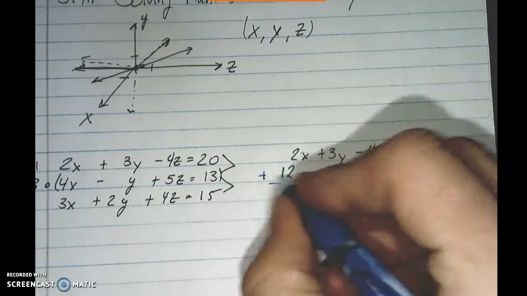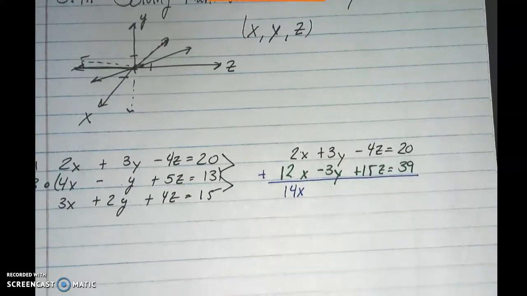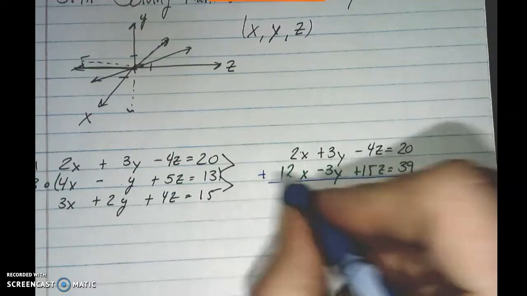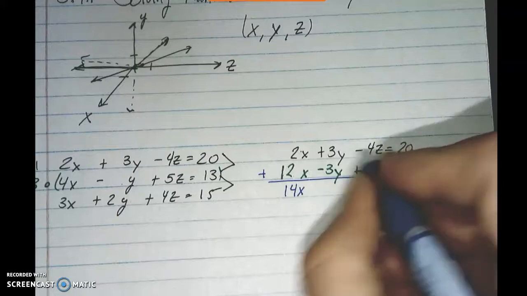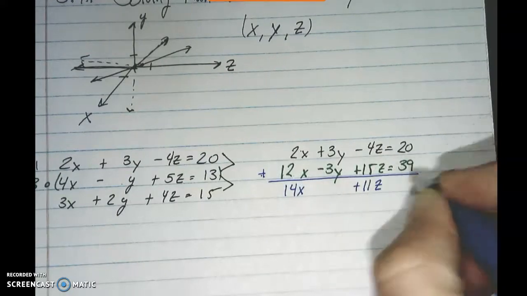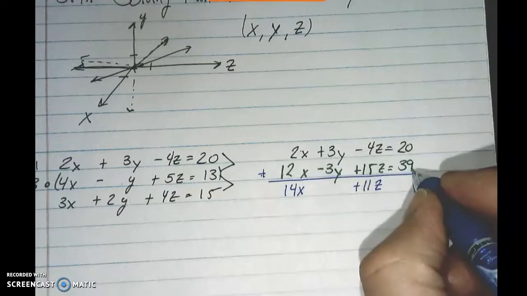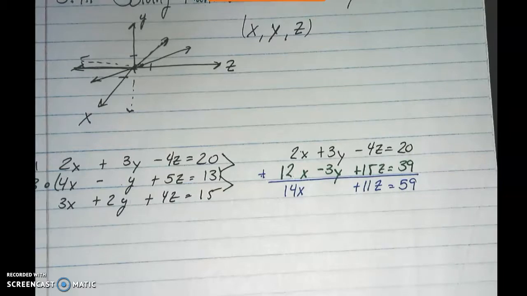So 2x plus 12x is 14x, okay? 3y plus a negative 3y is 0, nothing. That's what we wanted. So negative 4z plus 15z is 11z. 20 plus 39 is 59. Okay, so that's my other new equation, okay? With me? Nothing really new yet, right?